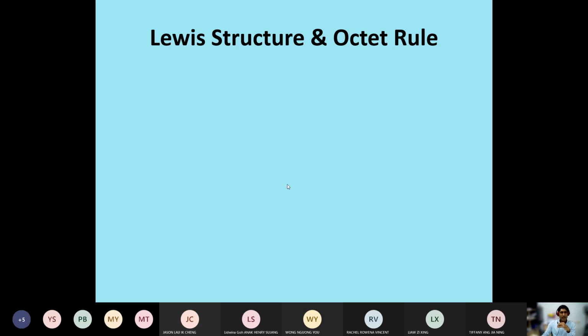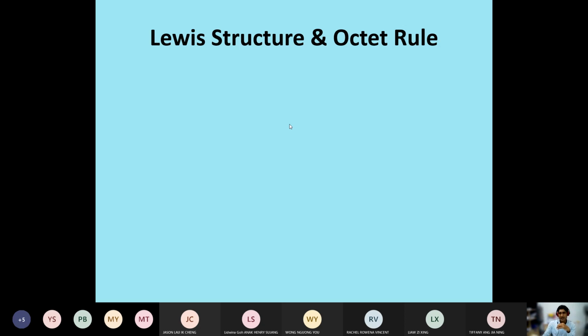So, Lewis structure and octet rule, what we have learned so far. We already have seen that octet, by the way, comes from the Latin numbering: mono, di, tri, tetra, penta, hexa, hepta, and then octa, right? So from that, octet came. Octet means a state where there are 8 electrons in the outer shell of those period 2 elements, so that they become very stable.